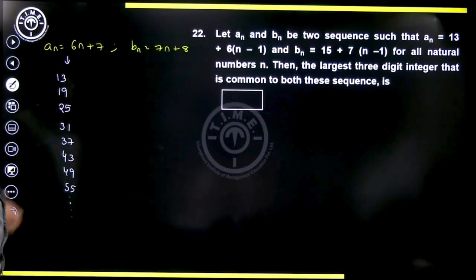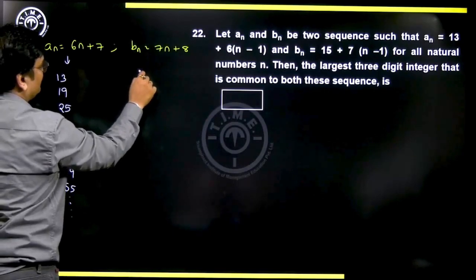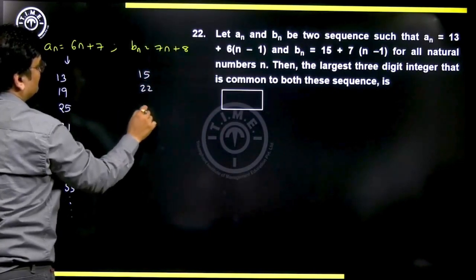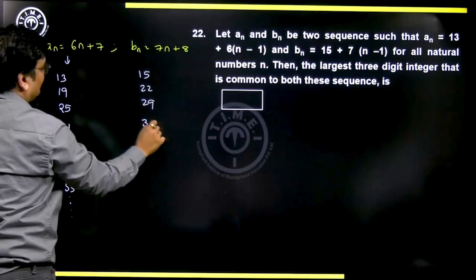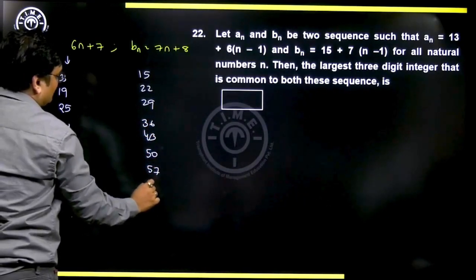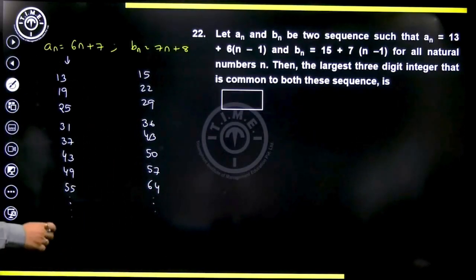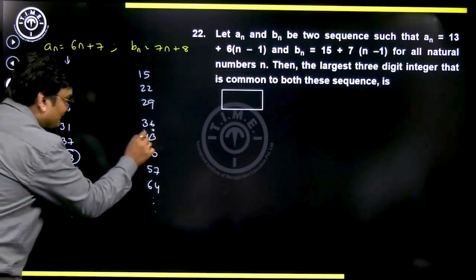This is how AN will look. And similarly BN: the first term is 7 into 1 plus 8, 15, 22, 29, 36, 43, 50, 57, 64 and so on. As you can see, we can identify a common term between them.